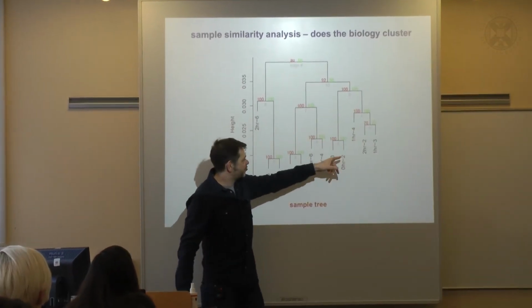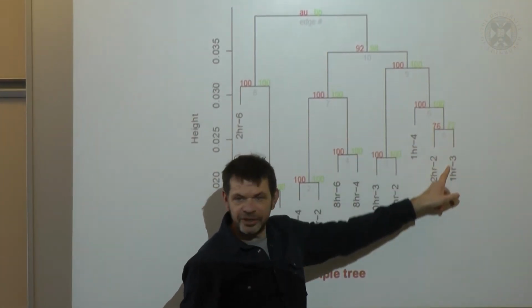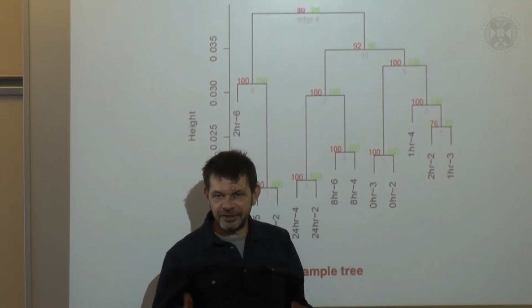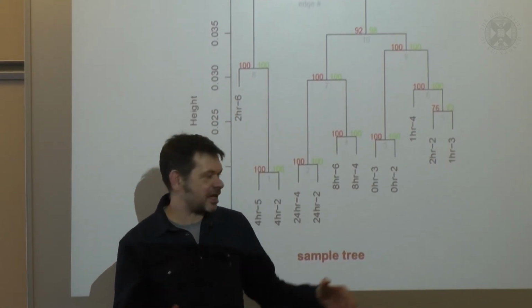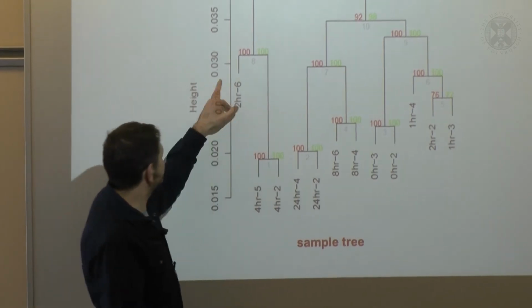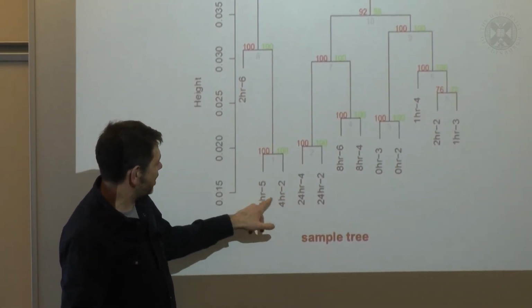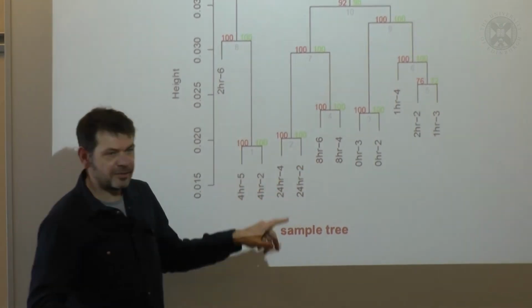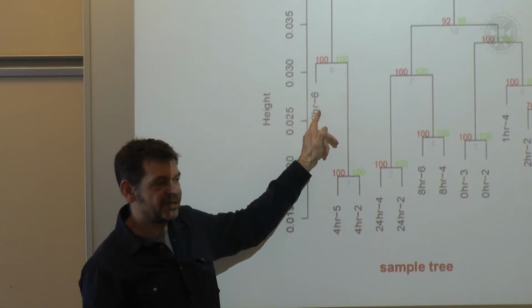This is actually interferon treated mouse bone marrow derived macrophages. These guys are all the early time points. You've just added interferon to cells, and the cells are just beginning to respond to that. They're all pretty similar. This guy's well over here. It's a technical outlier. All the other samples, 4 hours, 8 hours, 24 hours, are grouped together as they should be. Your 2 hour sample is already looking a bit suspect.